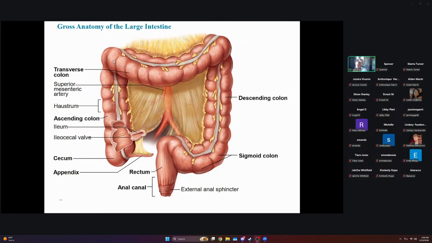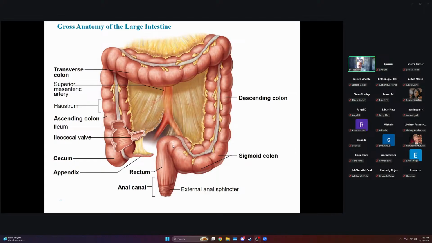We start horizontally across the abdominal wall, transversely across in the transverse colon. We make yet another turn, and now the waste product starts descending through the descending colon. And then right before the large intestine terminates, there's a little J-shaped segment called the sigmoid colon.